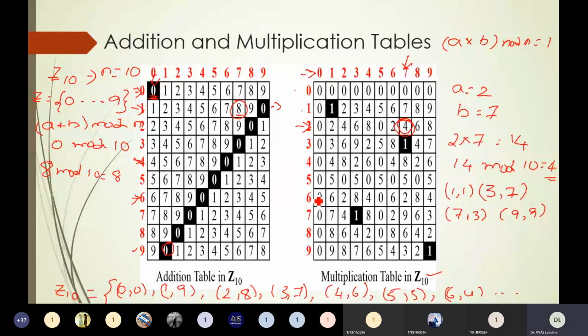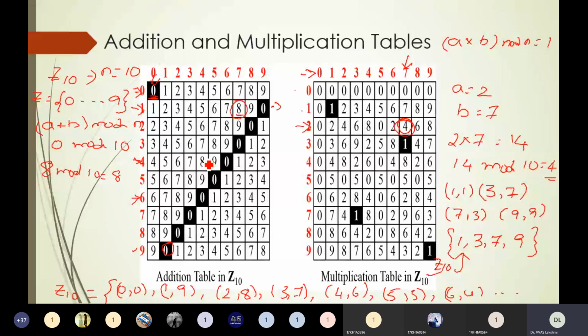So the elements 1, 3, 7, 9 are the multiplicative inverse elements of Z10. The elements which satisfy multiplicative inverse are 1, 3, 7 and 9. In this way we prepare the addition and multiplication tables.